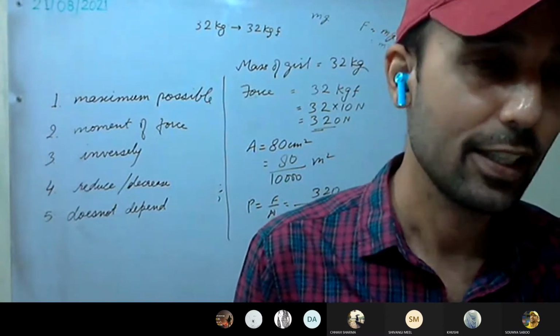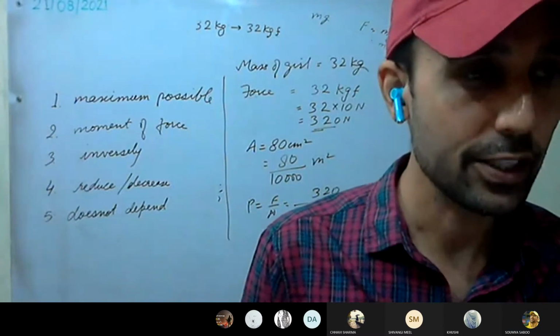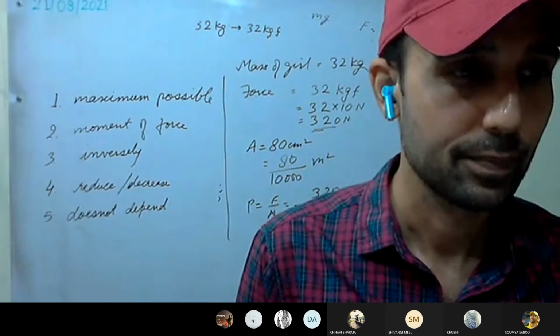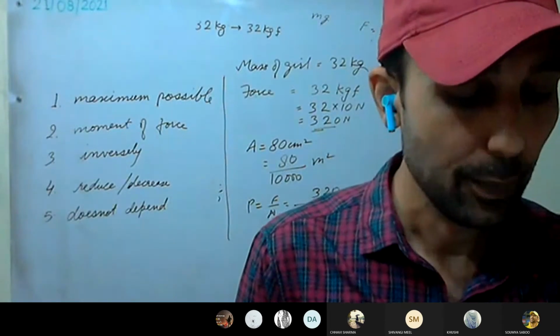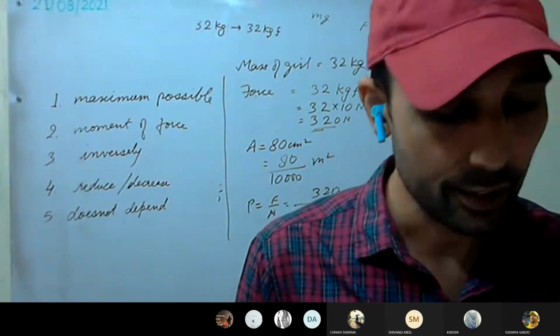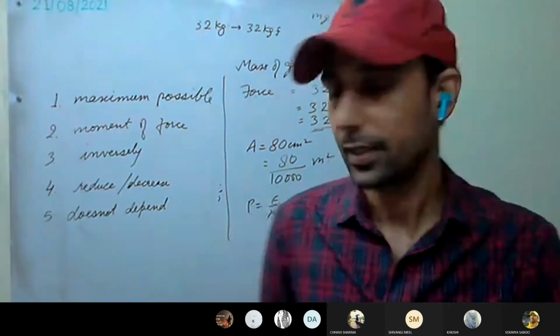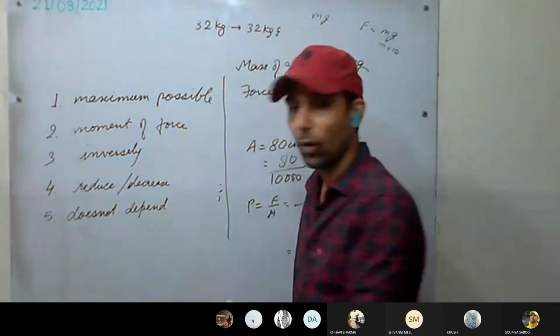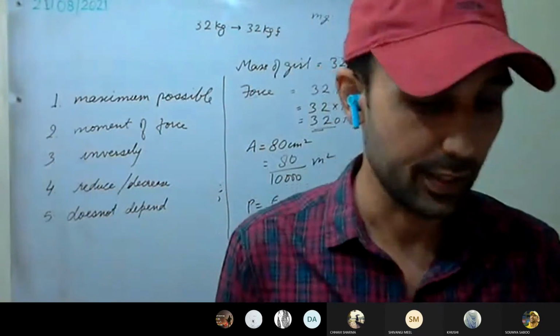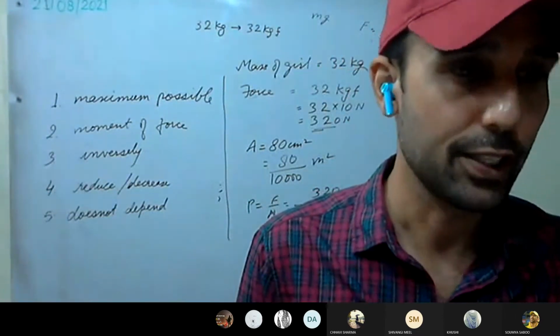If of was written, then we could have written independent of the shape and size. But here on is written, so does not depend is the better answer. Does not depend on the shape and size of the container.